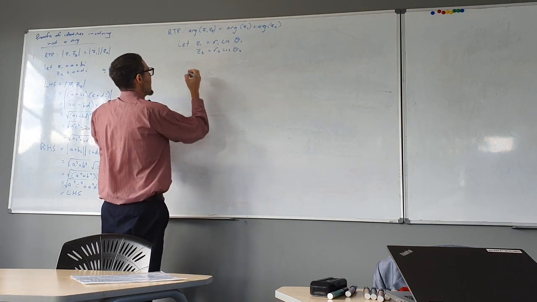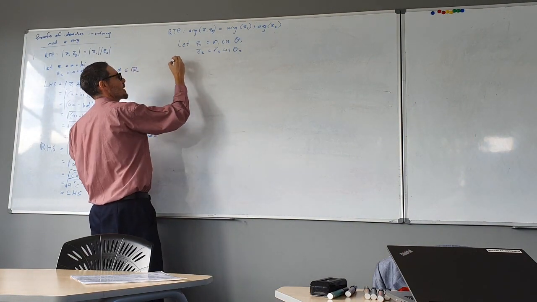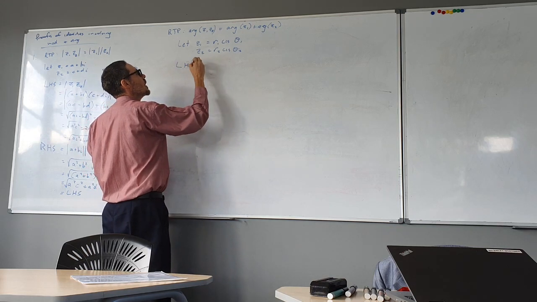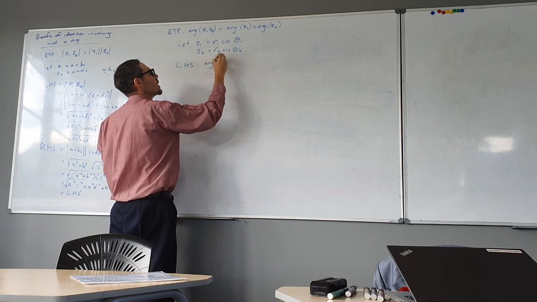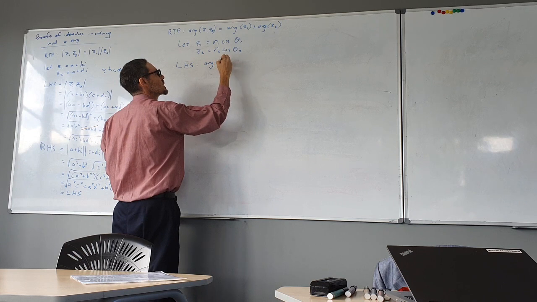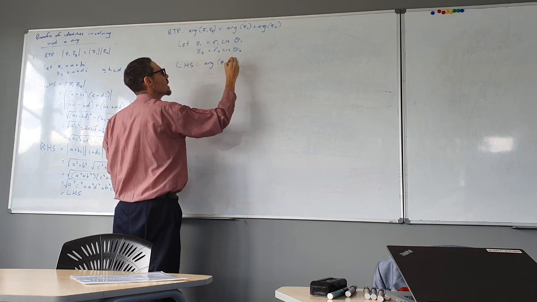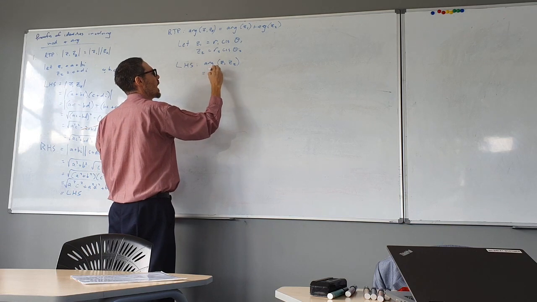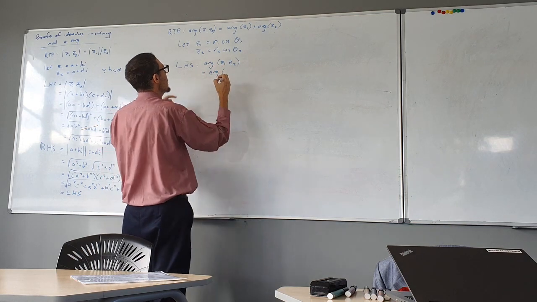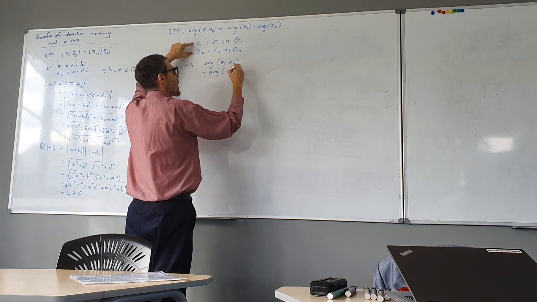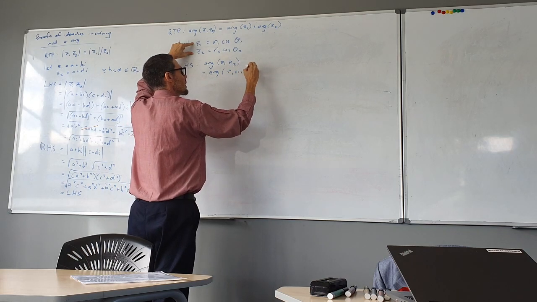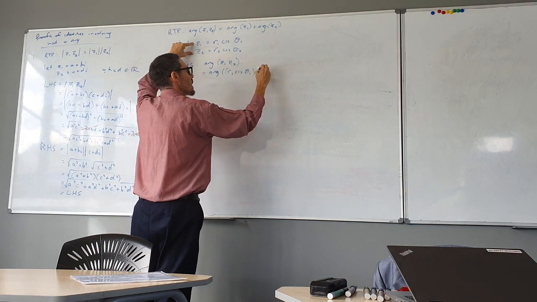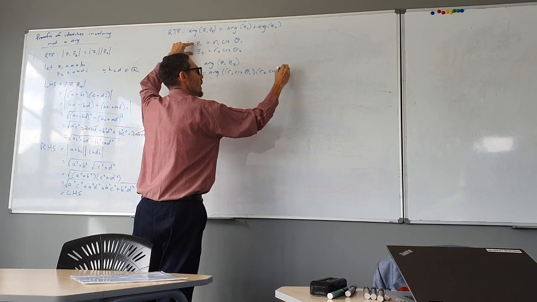So what do I know? Let's go. Arg of z1 z2 is the arg of r1 cis theta 1 times r2 cis theta 2.